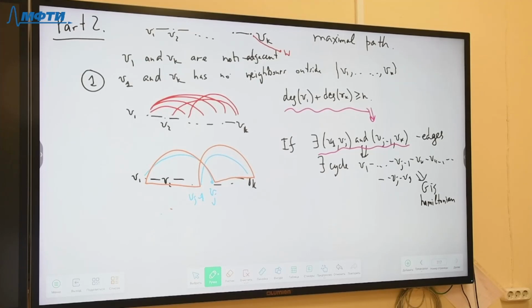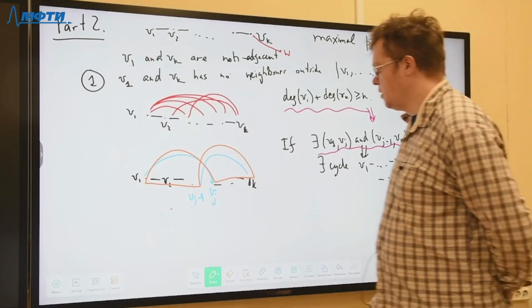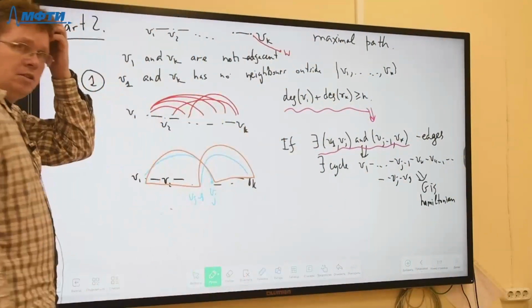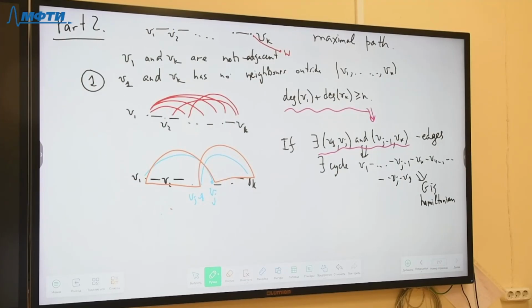But I think it's just like the pigeonhole principle.